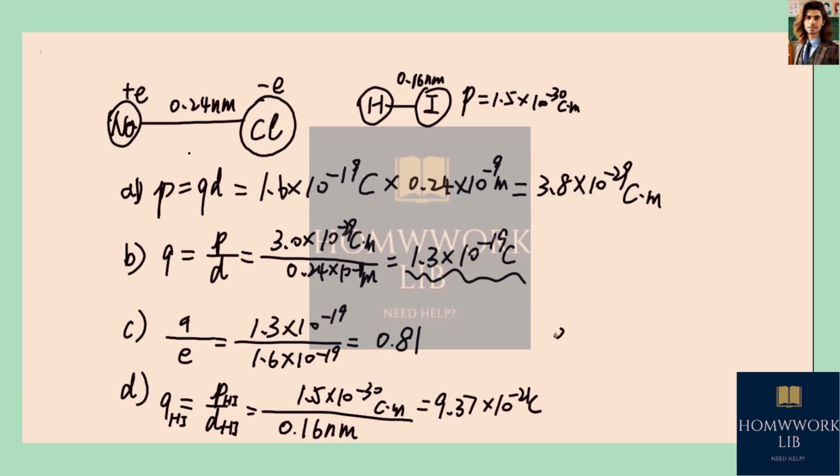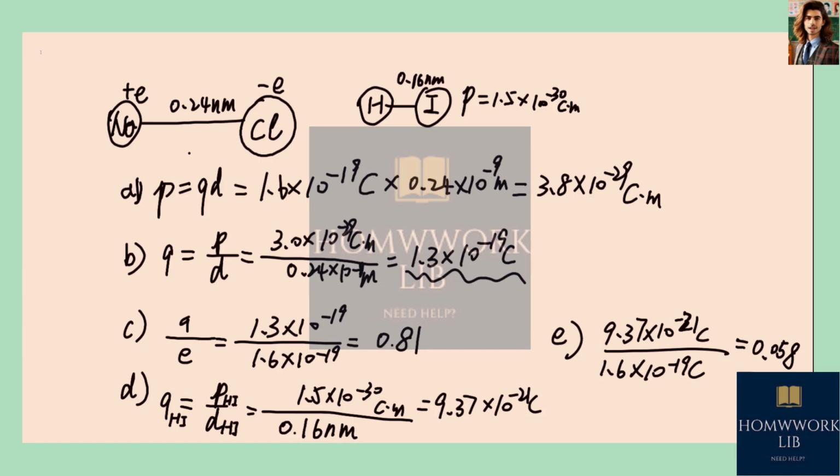Finally, we want to find the fraction. So 9.37 times 10 to the negative 21 coulomb over the electron charge, 1.6 times 10 to the negative 19 coulomb, is 0.058. So the fractional electron charge is only around 0.06. So these are parts A to D.